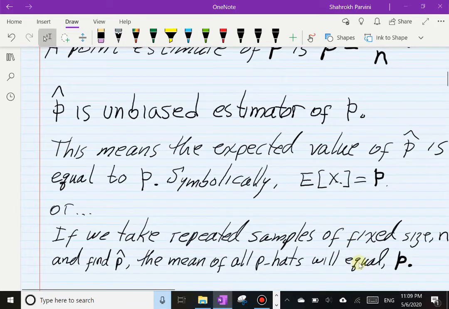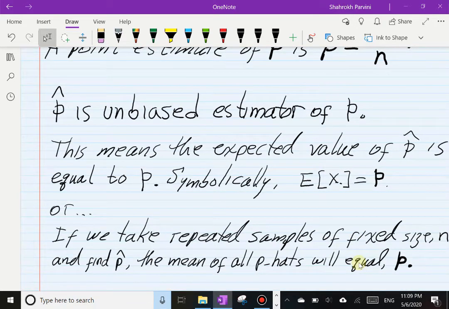And here's another way to say what an unbiased estimator is. That means if we take repeated samples of a fixed size, call it n, and for each sample we find p hat, the mean of all of these p hats will equal p. Later on, we're actually going to verify this.